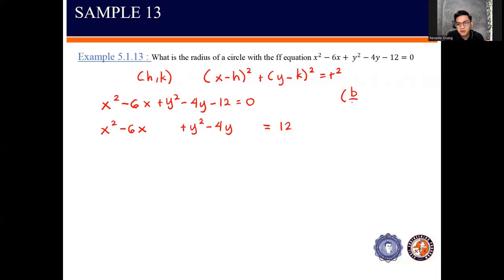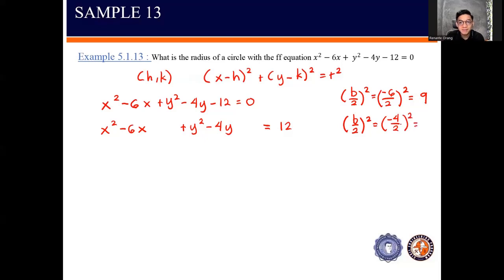That is b over 2 squared. The first one is negative 6, our b. Negative 6 over 2 is negative 3, then squared is positive 9. How about on the other side, our b over 2 squared is negative 4 over 2 squared.